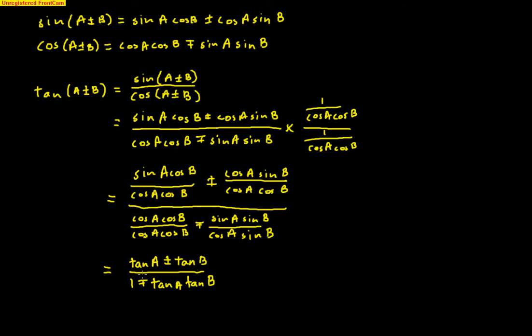Minus plus, so that one's flipped from our original. Sine A on cos A becomes tan A, sine B, just made a mistake there, I need to make that cos B. Sine B on cos B becomes tan of B.